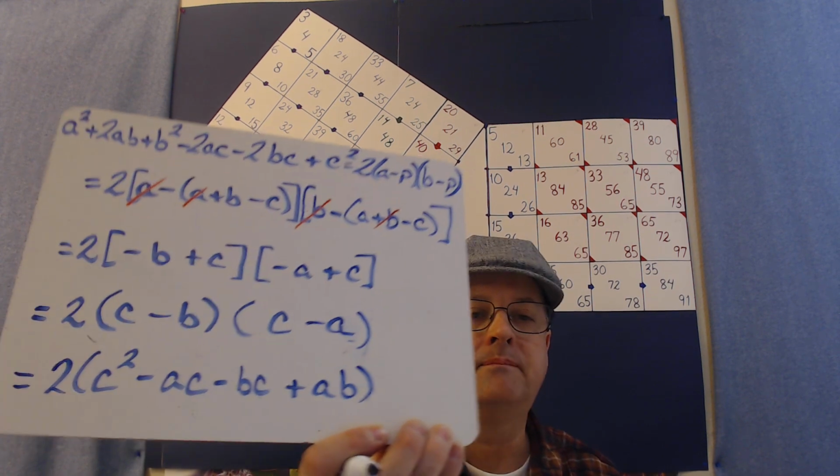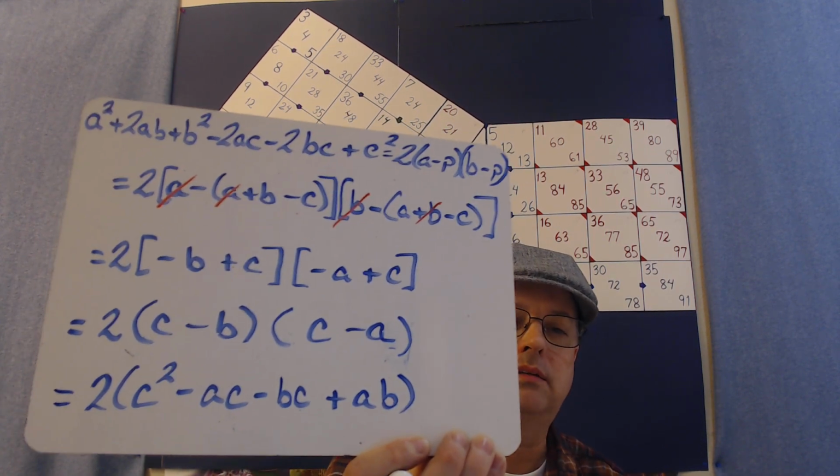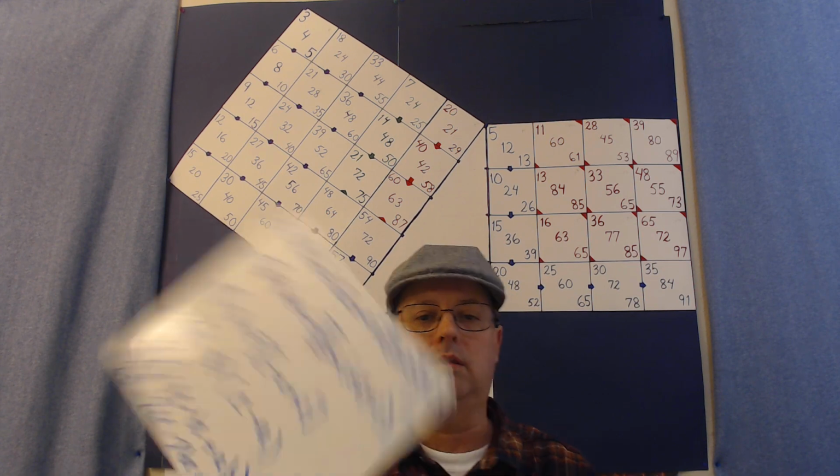And then let's run that 2 through. Equals 2c squared minus 2ac minus 2bc plus 2ab. Running the 2 through.